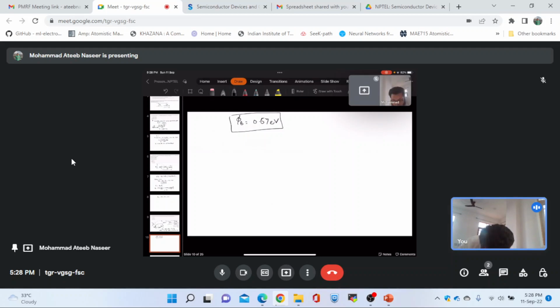Now for the built-in potential, Q5bi will simply be equal to the phi b, which is the barrier height, minus the phi f. Phi f will be given by kT by q ln of nv by na.